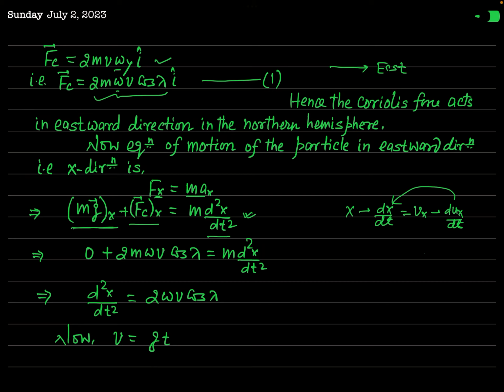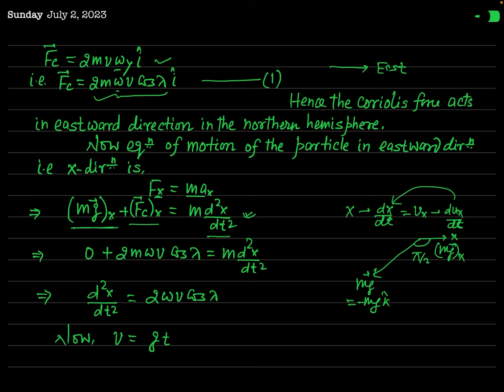But you know, gravity is acting in the vertically downward direction, that is, in the negative z direction. Mg is acting in the minus k direction. Your aim is to find its component in the x direction, and the x direction makes an angle of 90 degrees. This angle does not appear to be 90, but it is 90. This is the three-dimensional case.